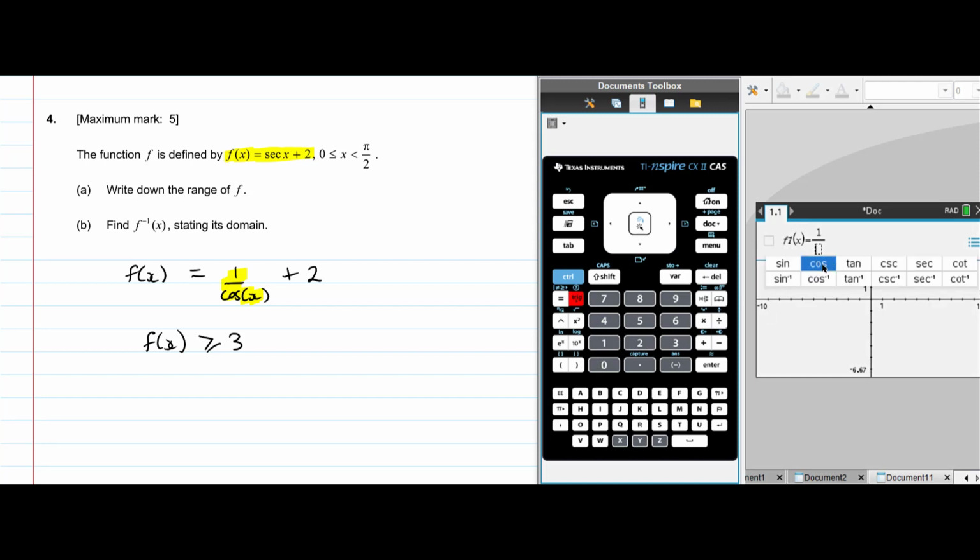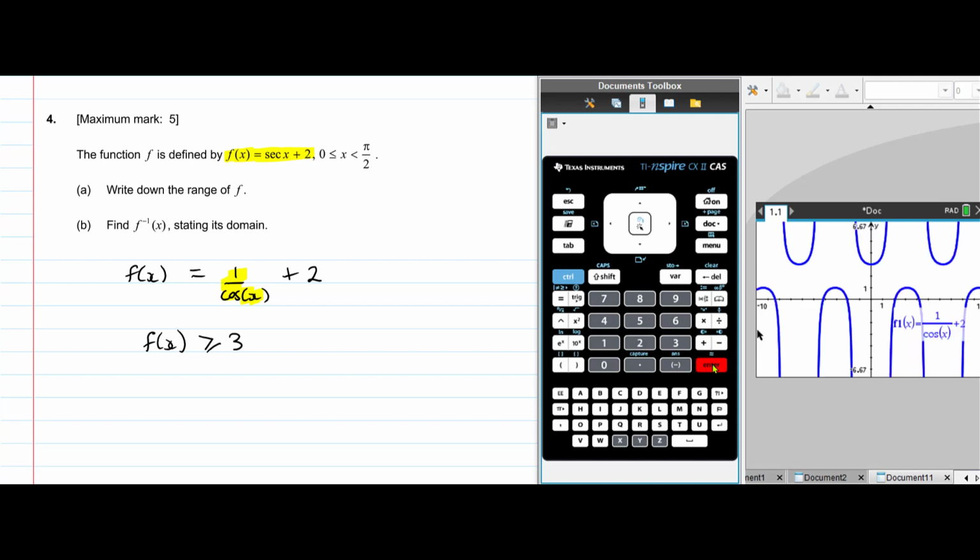So 1 over cos of x, and then plus 2, and then graphing that. So we can see between x is equal to 0 and pi over 2 is somewhere here. We're going to have a vertical asymptote because our function's not defined at pi over 2, because cos of pi over 2 is 0. So we're going to have a vertical asymptote there.